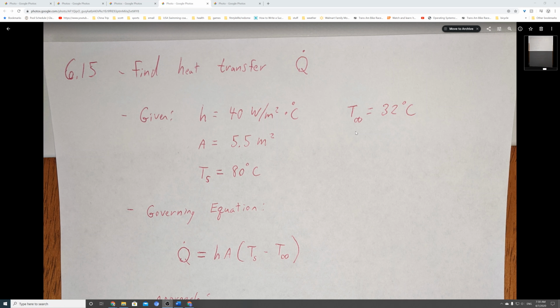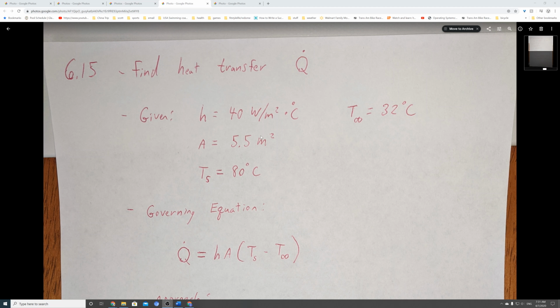Just continuing on, now we want to go through the actual process of making the substitution. Like I said before, recognize that this is in degrees C. The temperatures they give you are the surface and the fluid temperature, and here's the area.